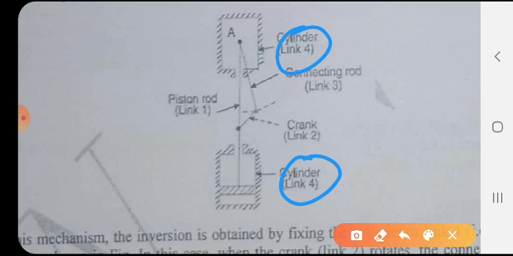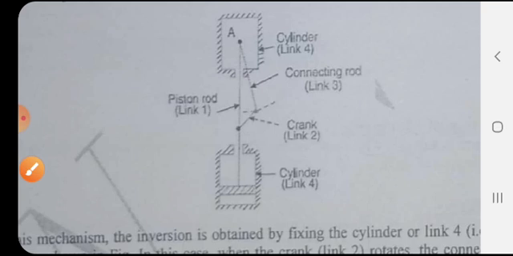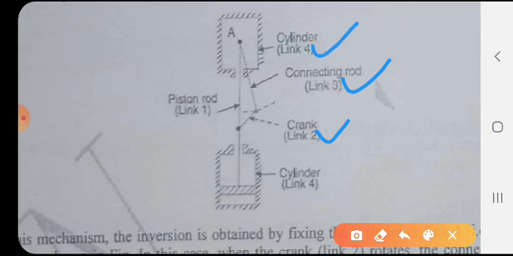In this mechanism, when the crank, link 2, rotates, the connecting rod, link 3, oscillates about a pin pivoted to the fixed link, the cylinder. The piston is attached to the piston rod, link 1, and it reciprocates.